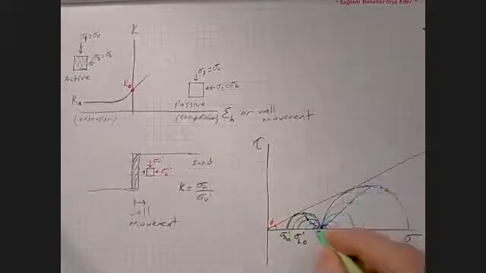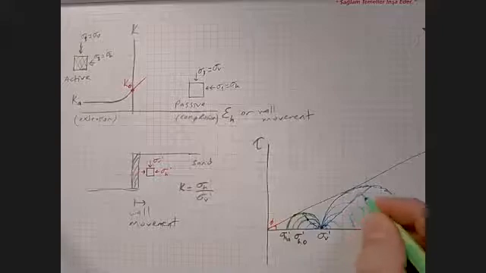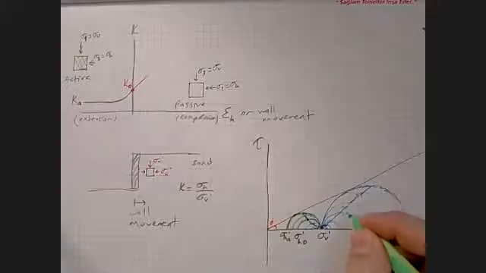Because I'm drawing by hand, these lines don't look exactly linear now, but they are supposed to be 45-degree lines.